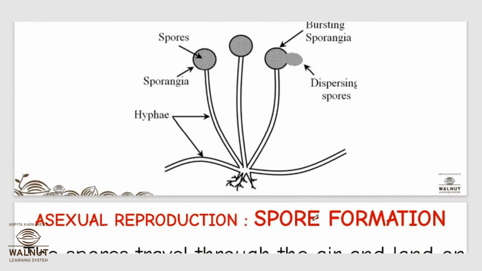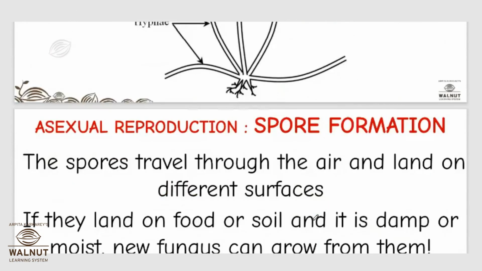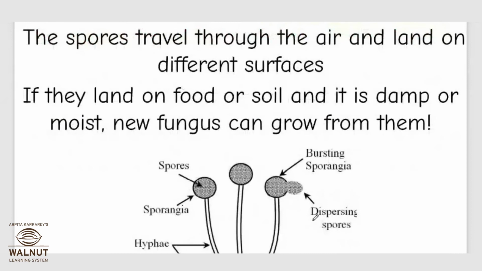But as soon as they are mature, grown enough, and they get a moist climate, they burst open. If they land on food or soil and it is damp or moist, a new fungus can easily grow from them.